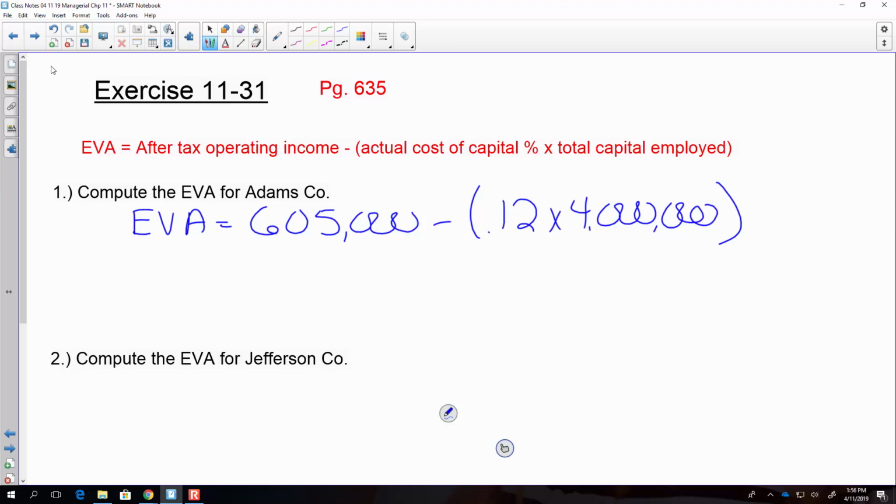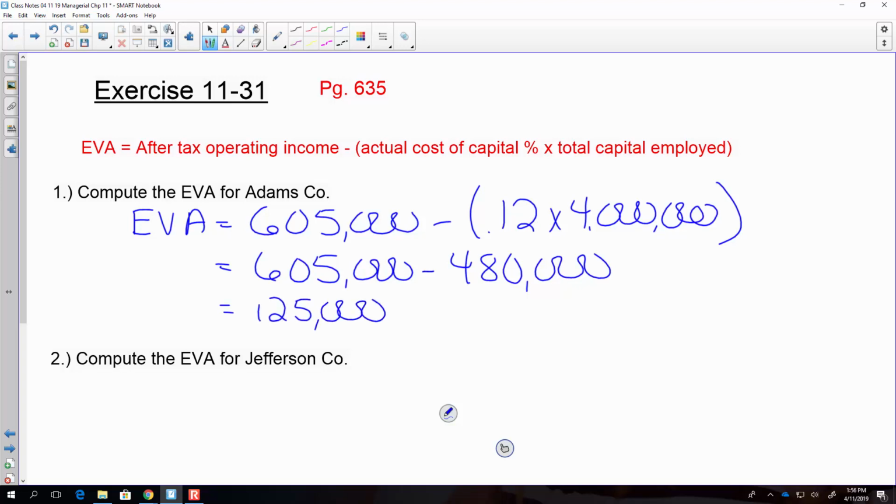So 605 minus 480,000 gives us 125,000, if I carried my numbers correctly. 125,000 EVA. It's positive, so we are creating wealth for the company.